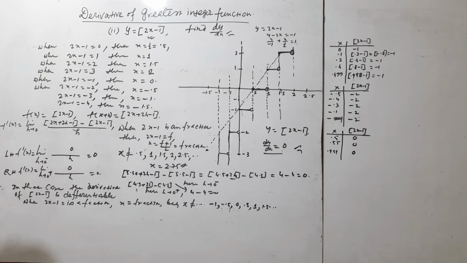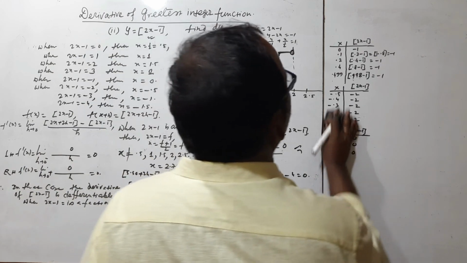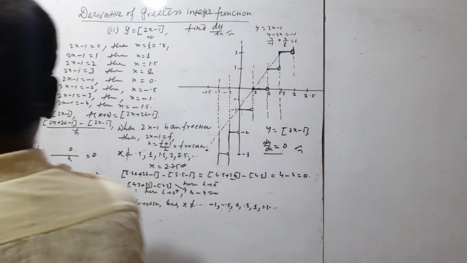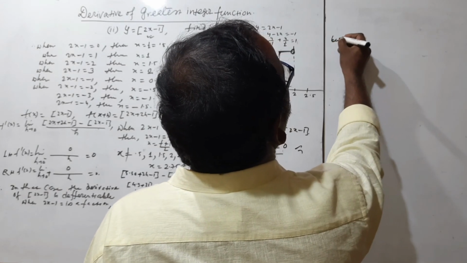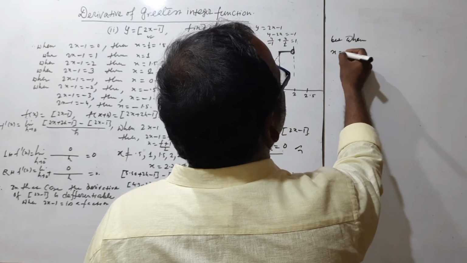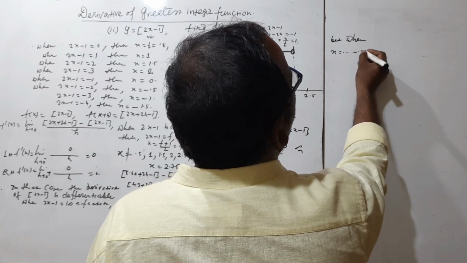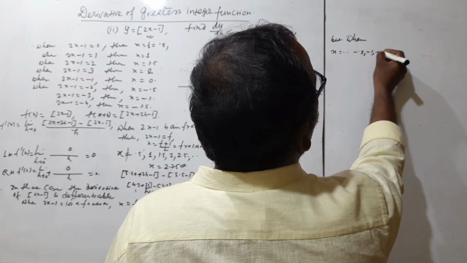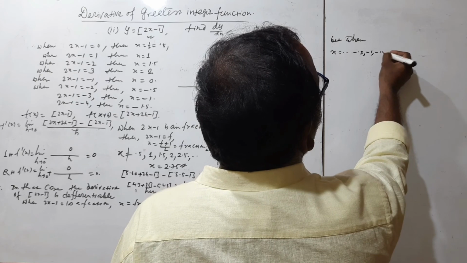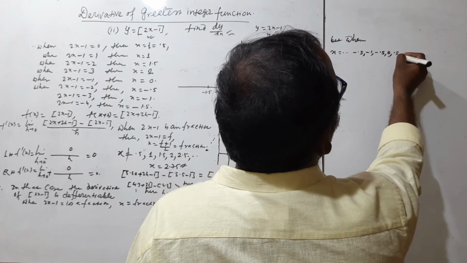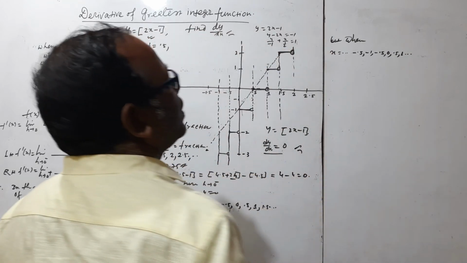Okay, but when x is equal to minus 0.5, comma minus 1, comma 0.5, comma 0, comma 0.5, comma 1, then see what happens.